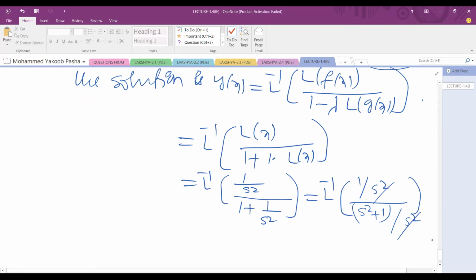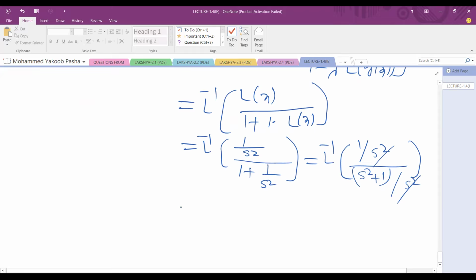S square will cancel, so inverse Laplacian of 1 by s square plus 1. We have the s square plus a square formula. That is sin at, and with a is equal to 1, it is sin x.